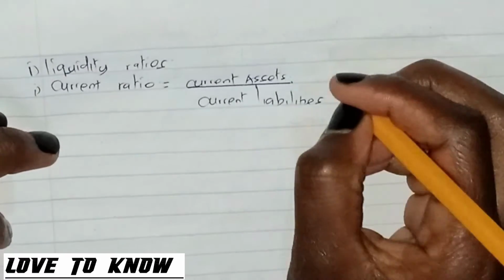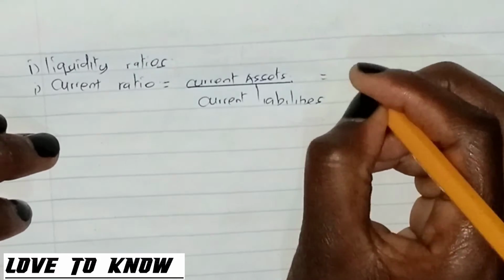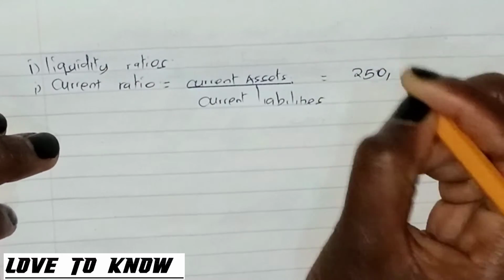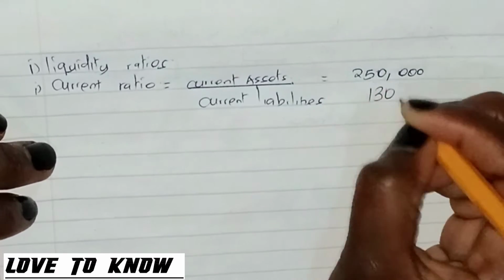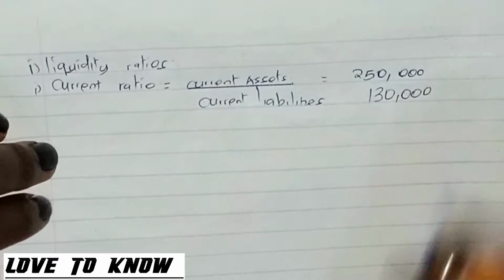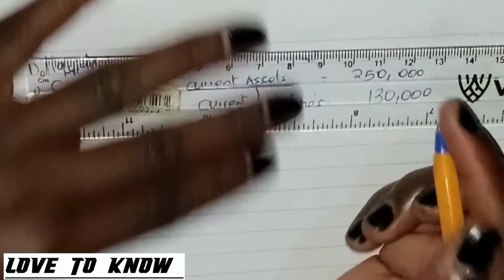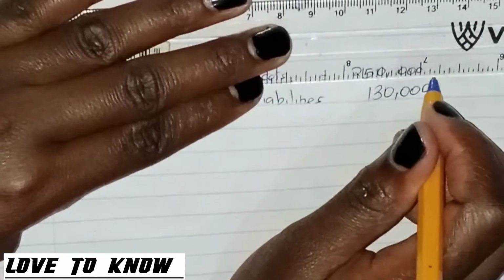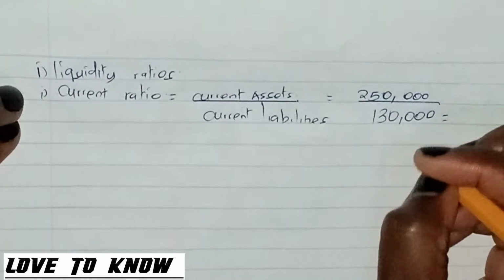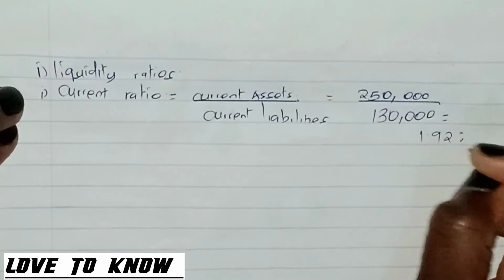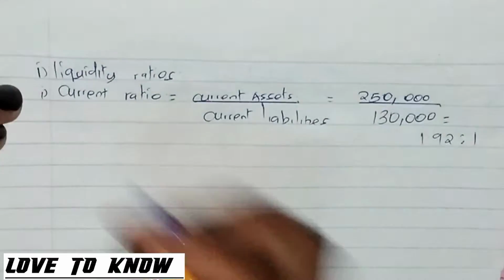From our question, the current assets is 250,000 and the current liabilities is 130,000. This will give us a ratio of 1.92:1. That's the current ratio.